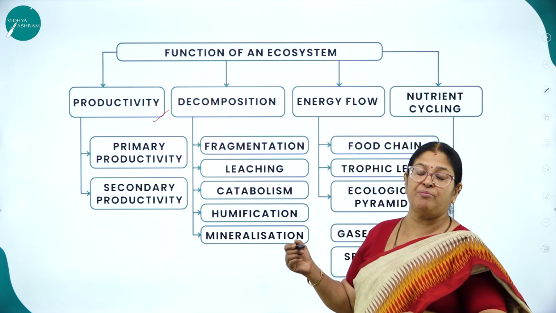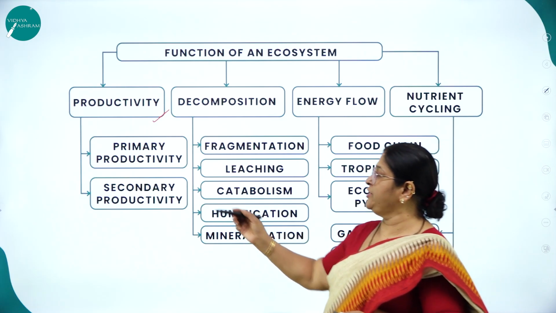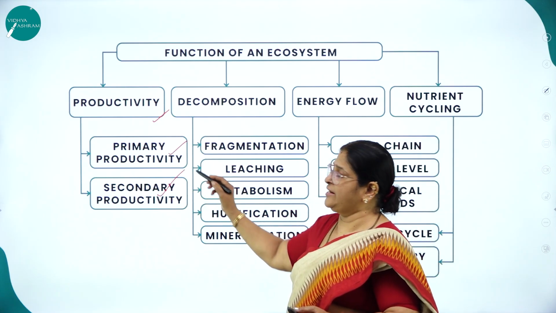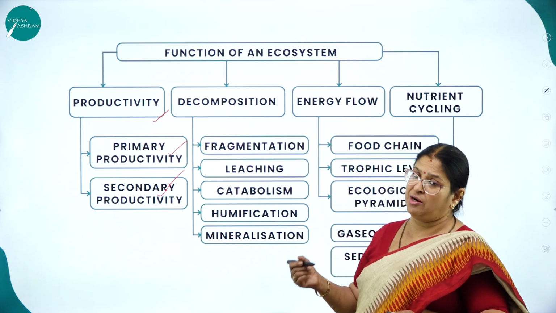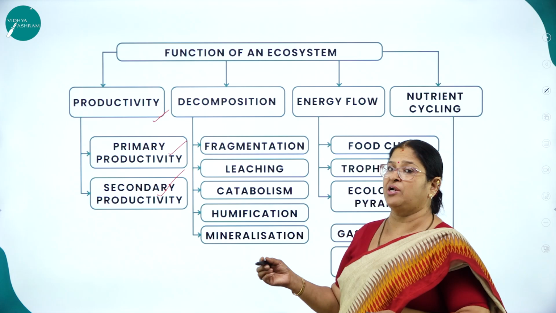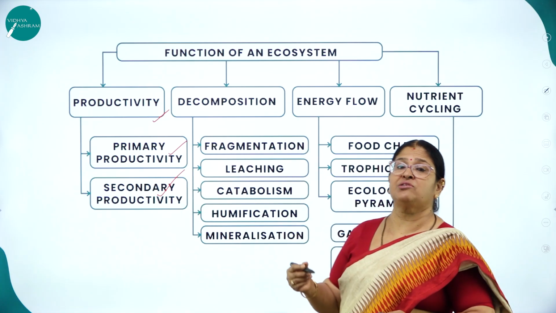The rate of biomass production is called productivity, which is again broadly classified into primary productivity and secondary productivity. So what is productivity? The rate of biomass production is called productivity, which is again broadly classified into primary and secondary. Then decomposition. What is decomposition?